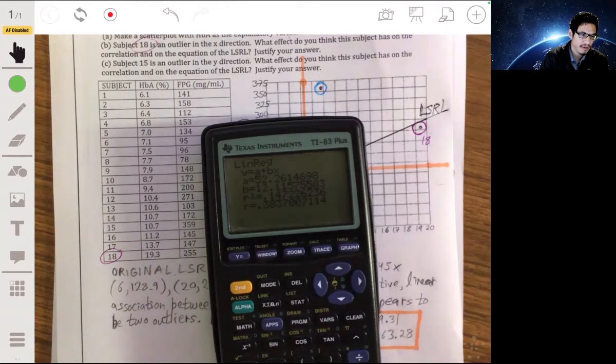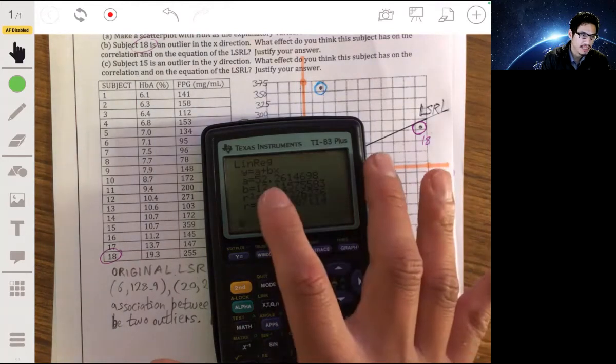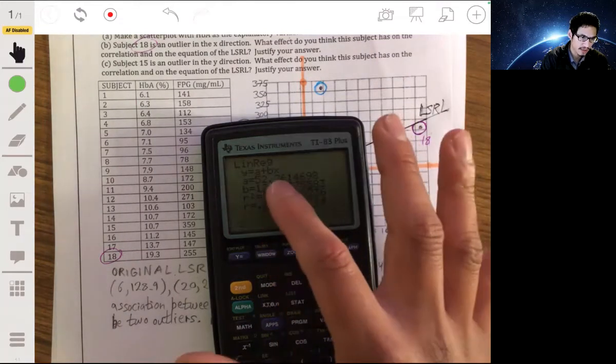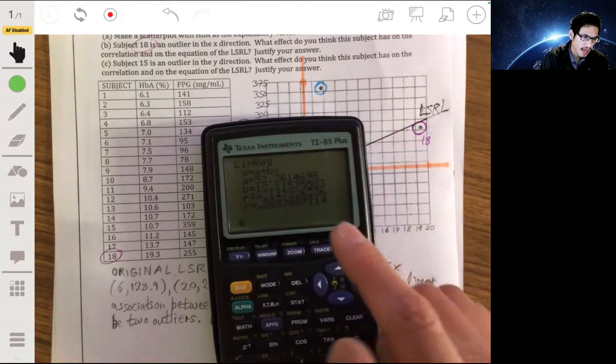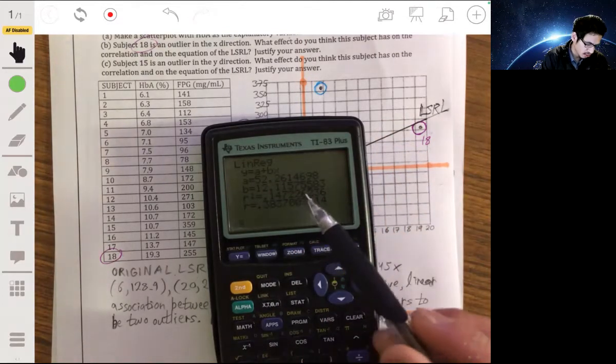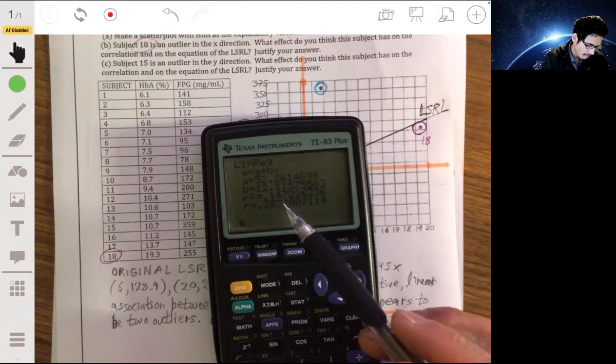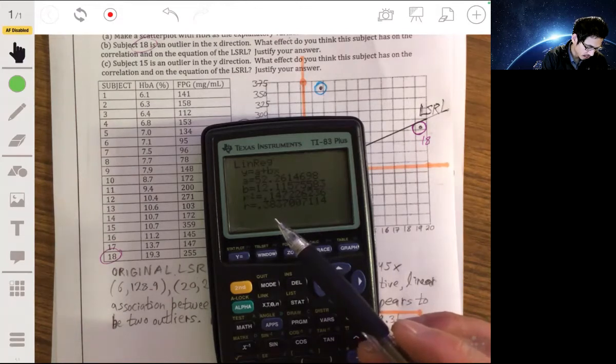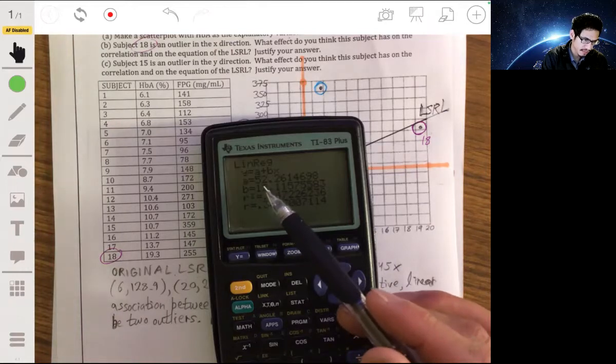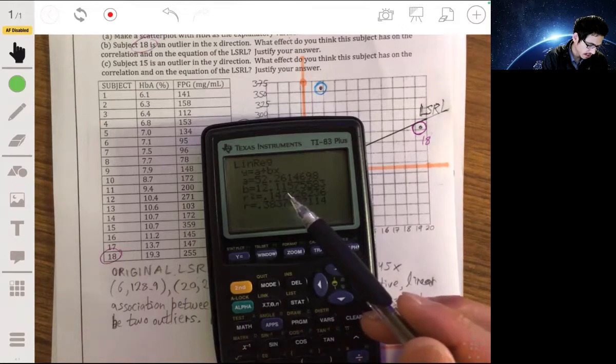Here we go. Our y-intercept went to 52, and our slope went to 12. So they didn't both decrease. The y-intercept decreased, but the slope increased.